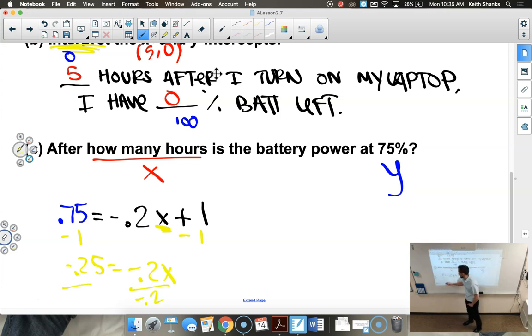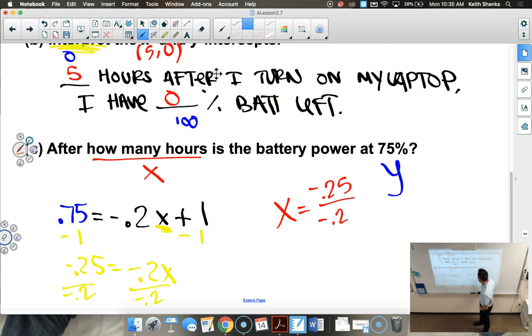Divide by negative 0.2. Hooray for that! So it's not a negative answer, right? Because that would be weird if I got negative hours. We don't want that. All right. So all of a sudden I have x equals negative 0.25 divided by negative 0.2, which is equal to 5 divided by 4.